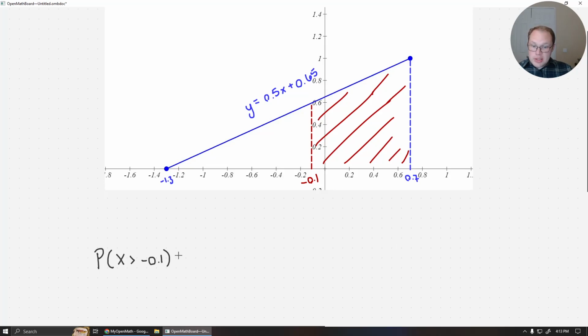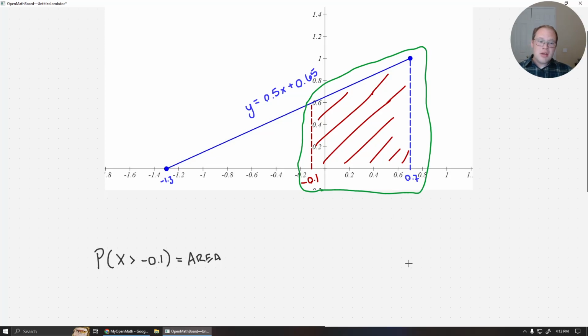Okay, so as usual, probability equals area. But in this case, this shape is a little bit harder to work with, right? It's definitely not a rectangle. It's also not a triangle, right? Technically, this is a trapezoid. Now, you probably do not remember the formula for a trapezoid, and that's okay. I don't expect you to know it. So how do we go about actually finding this area?